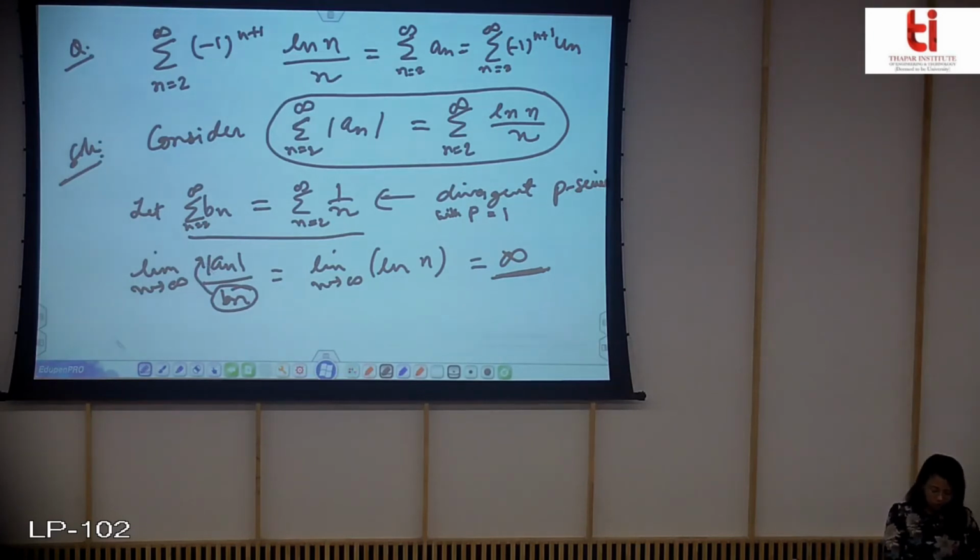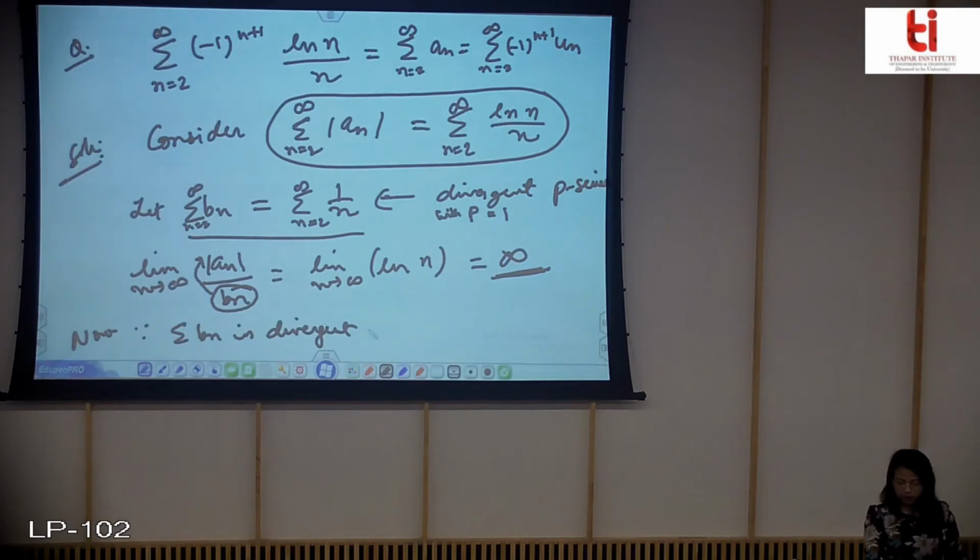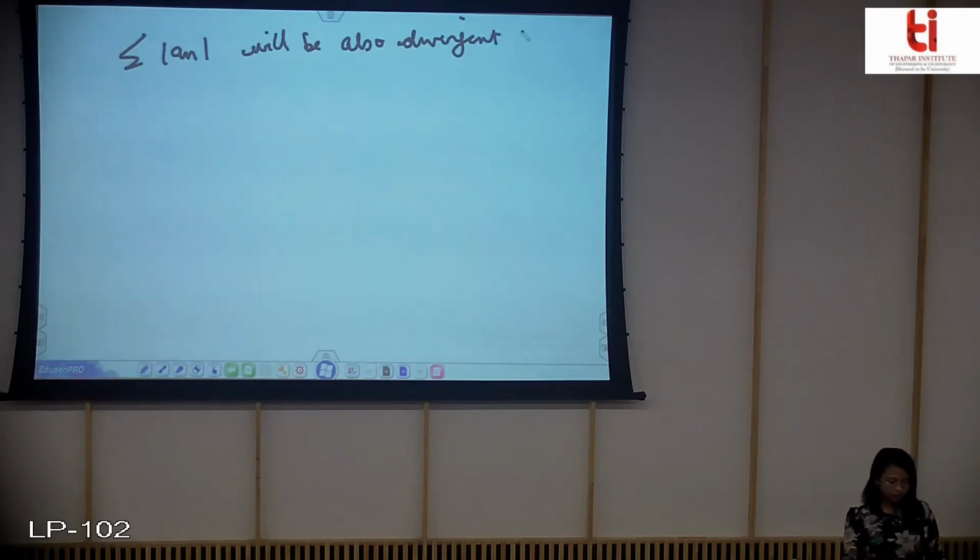So therefore now I'll write it completely. Now since summation of b_n is divergent, so by limit comparison test, summation of mod a_n will also be divergent.